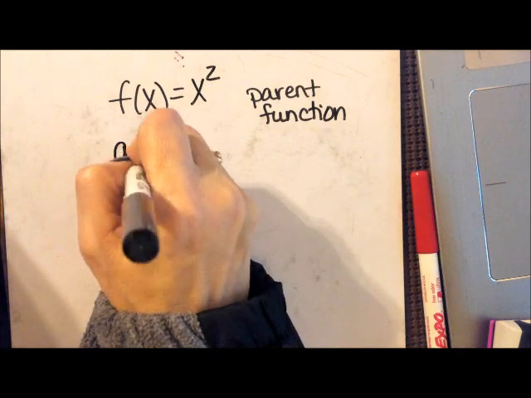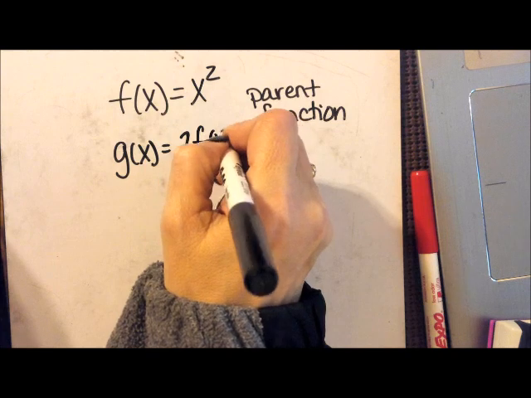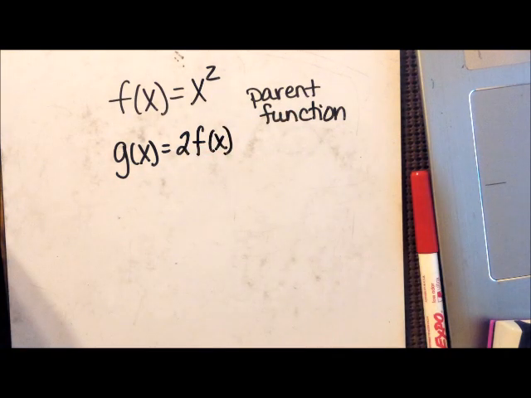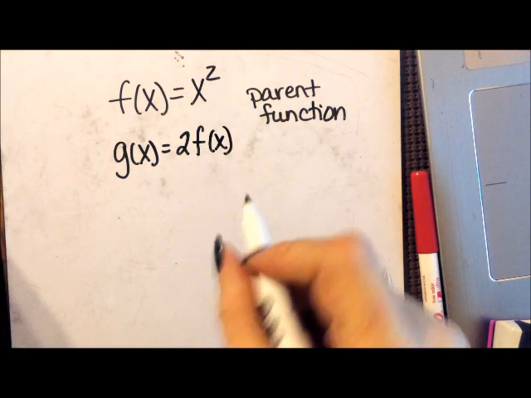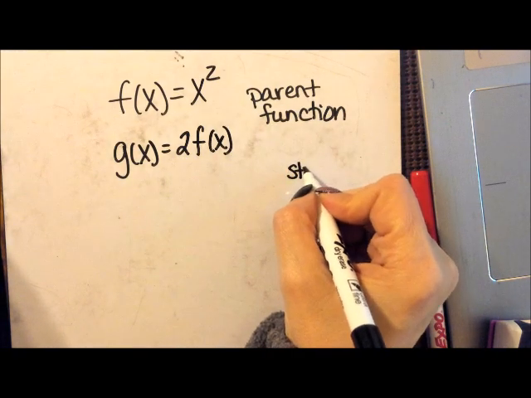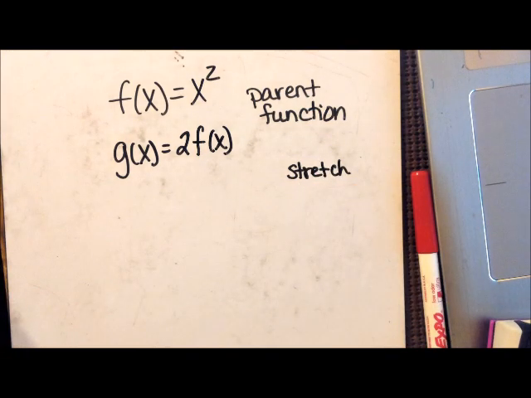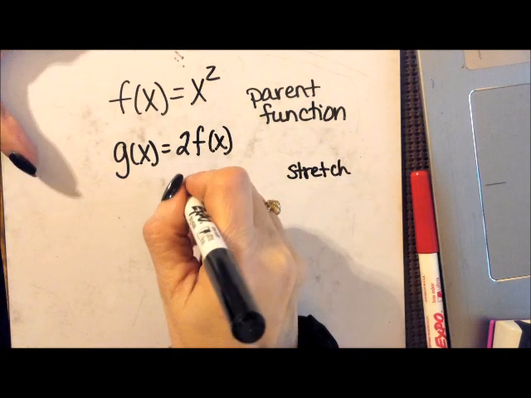So if I give you g of x, and I say it's 2f of x, a lot of you will say, okay, well 2 is bigger than 1, so that means it's a stretch, right? The question is, do you understand what that means when you say that? So here's what I'm going to do.